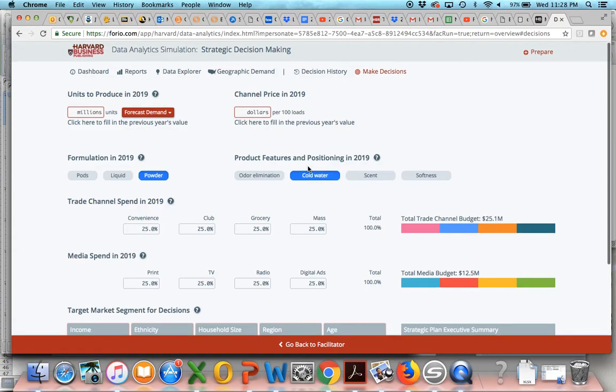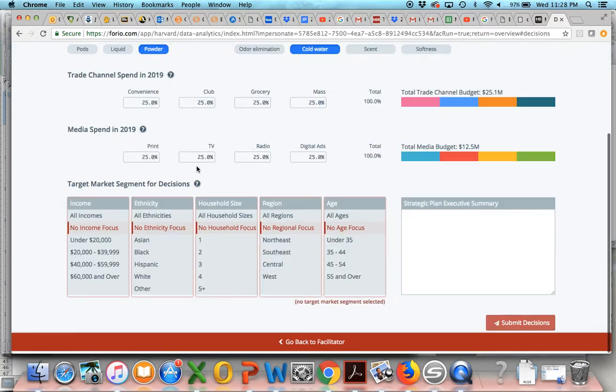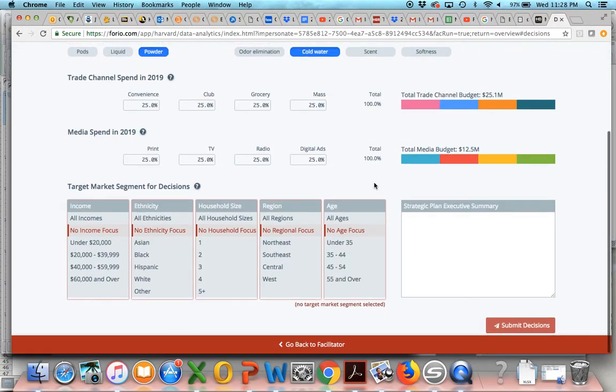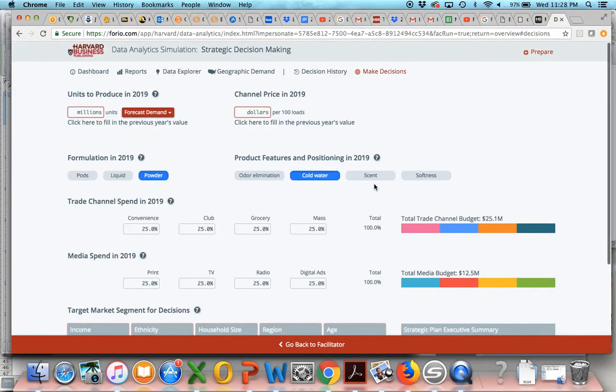Then you'll press that submit decision, and it will tell you the results of that year.